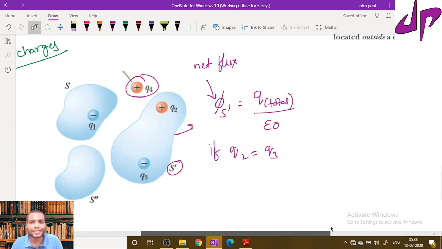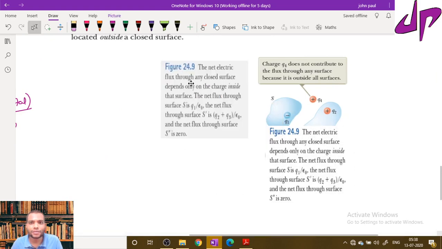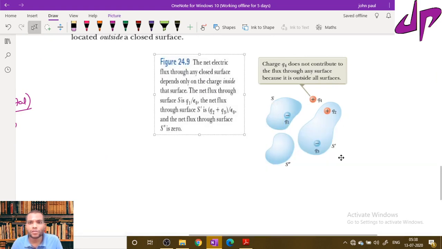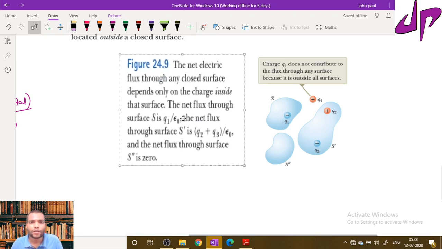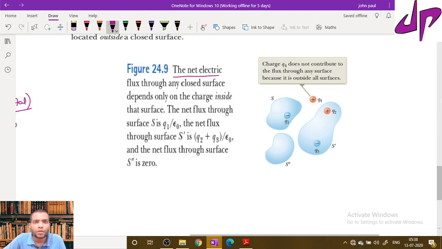So this is the extension of the concept of Gauss's law. If you can say it once: because of these multiple charges, the net flux through any closed surface depends only on the charge inside the surface.